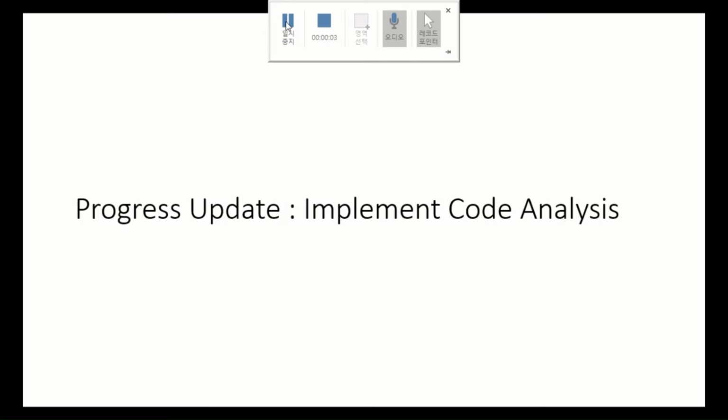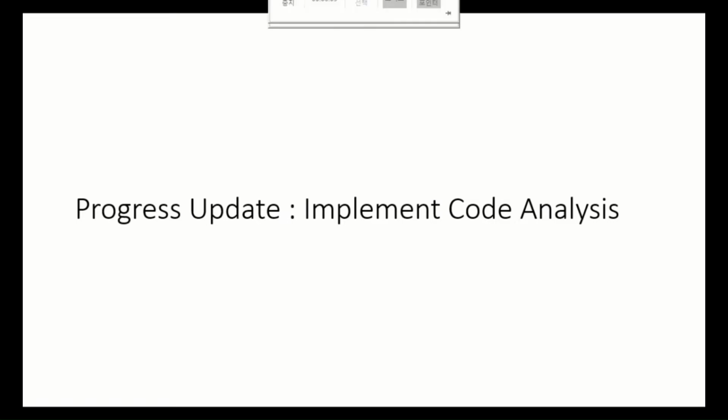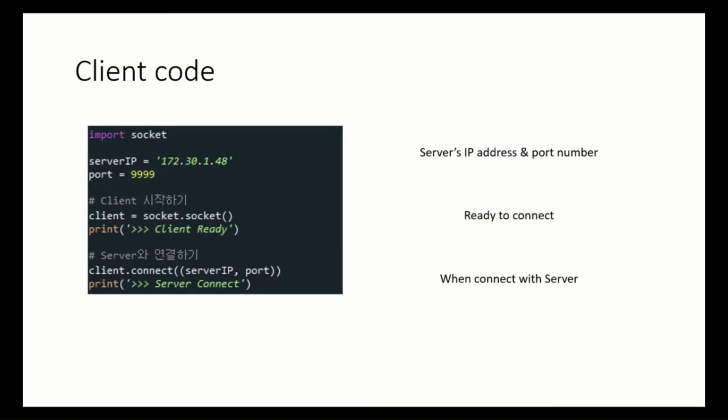Let's do the code analysis. There are 2 codes, client and server. First, we see the client code. In the client code, write the server's IP address and port number, and then we run this code. They are ready to connect.